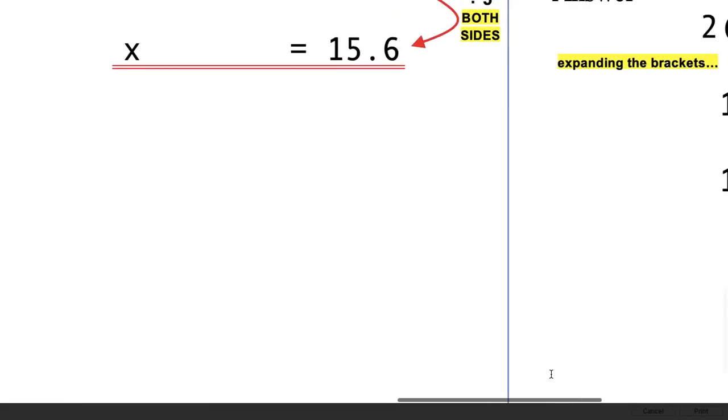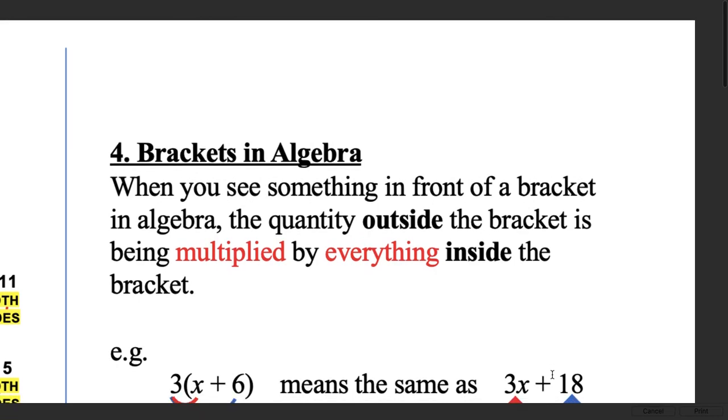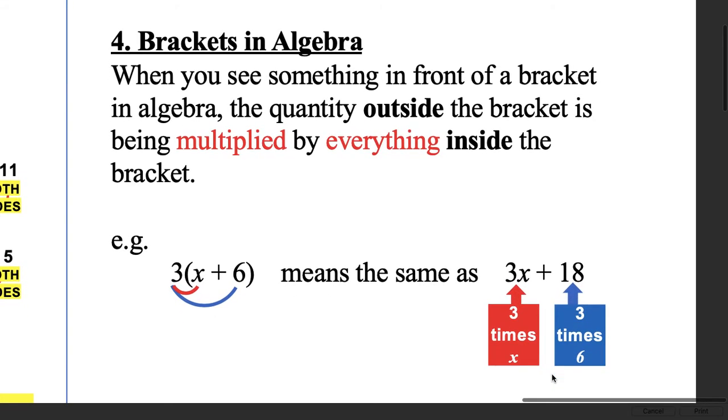Okay, so moving on to the very last bit of this, and it's brackets in algebra. So the last chapter of my MYP1 algebra unit is called brackets in algebra, and when you see something in front of a bracket in algebra, the quantity outside the bracket is being multiplied by everything inside the bracket.